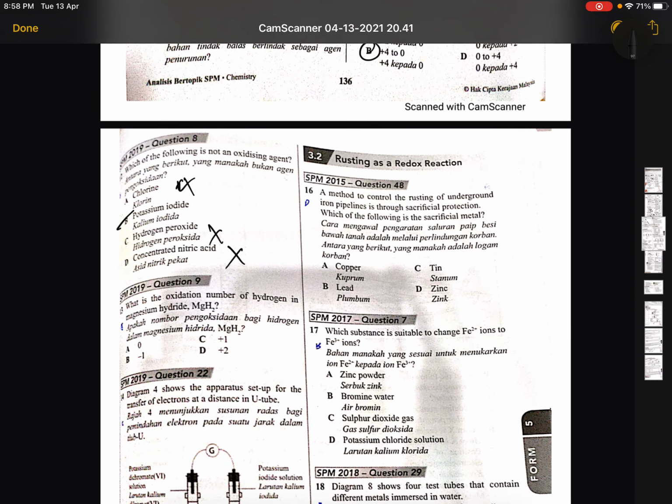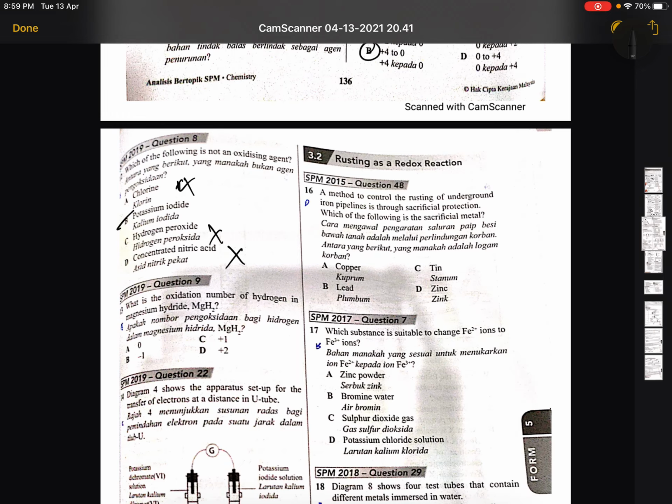Anything with iron 3 is an oxidizing agent. Anything with iron 2 is a reducing agent. Any reactive metal is a reducing agent. Chlorine and bromine are both oxidizing agents. And the two main things you have to know about oxidizing agents are manganate and dichromate: acidified potassium manganate and acidified potassium dichromate. Yeah, the answer is B.